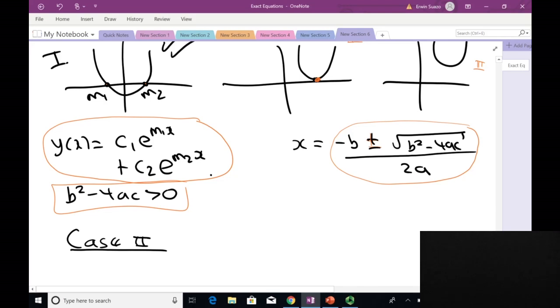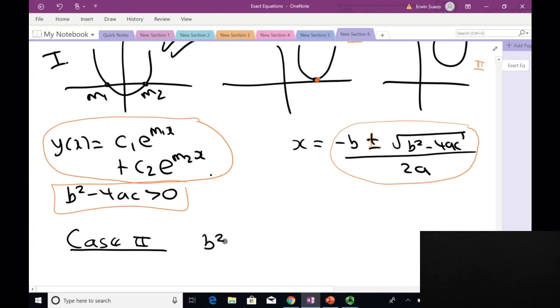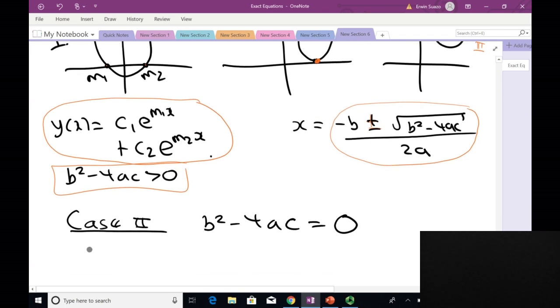So for case 2, what is b squared minus 4ac equal to? If I only have one root, b squared minus 4ac should be equal to 0, because if it is not 0, I will have plus and minus. So if b squared minus 4ac equals 0, then my root is minus b over 2a.